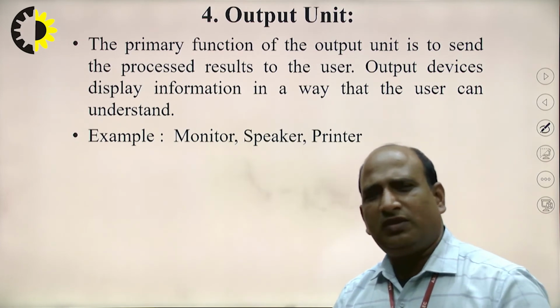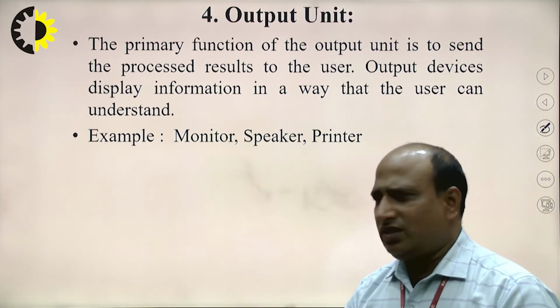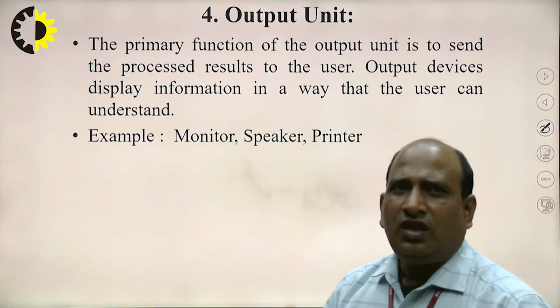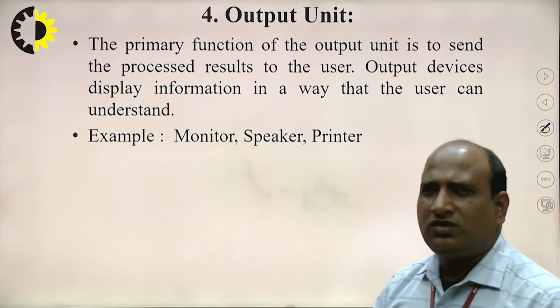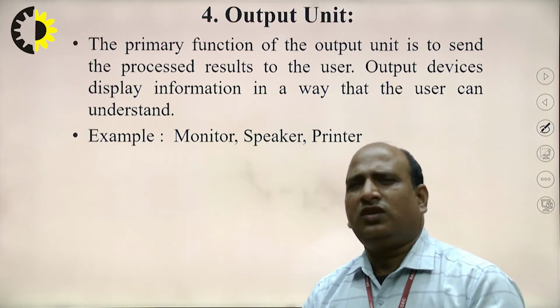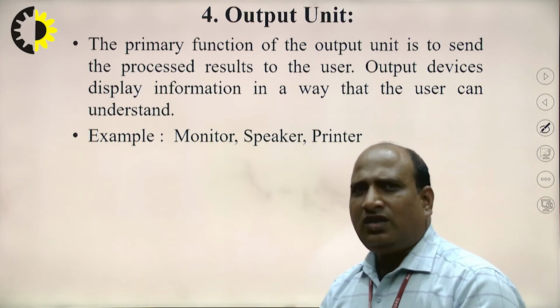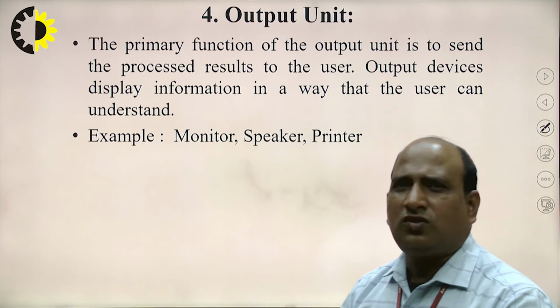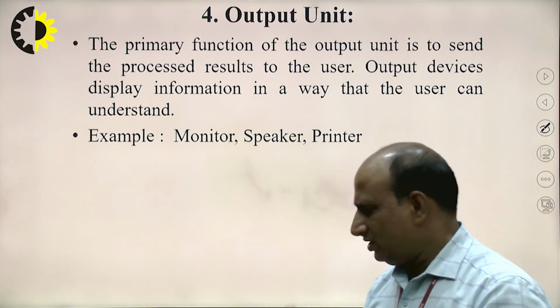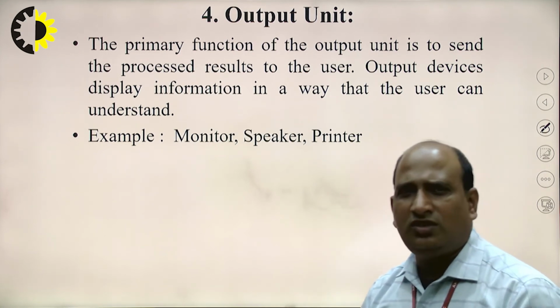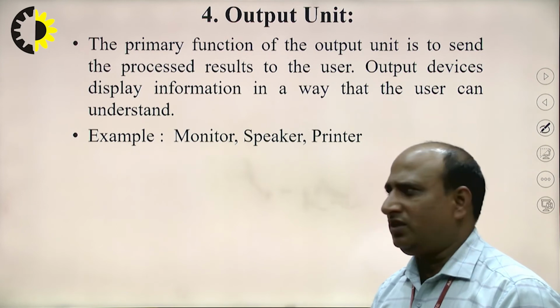Then when the data is processed, it is sent to the output unit, and the function of the output unit is to send the processed result to the user, or it can also send the data to secondary storage for permanent storage. Examples of output units are monitor, speaker and printer.